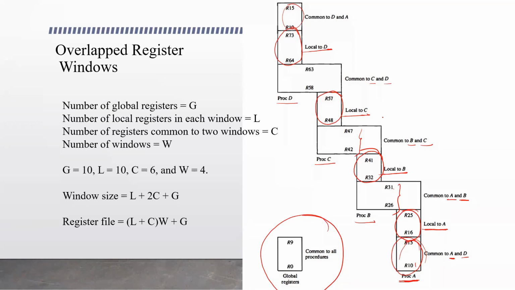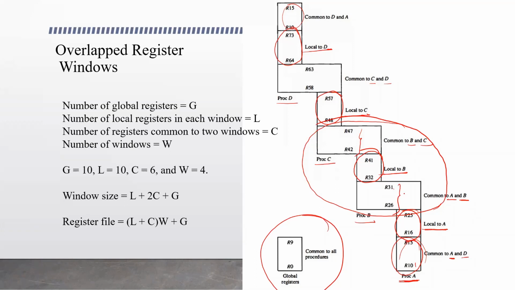This way the procedure call can be simplified using this overlapping window. What we call a window is the combination of one set of local registers and two groups of common registers.